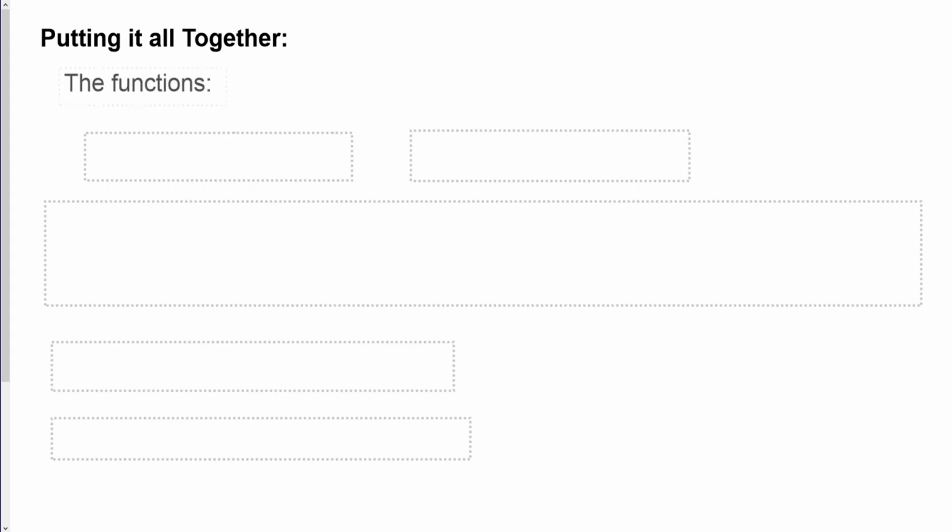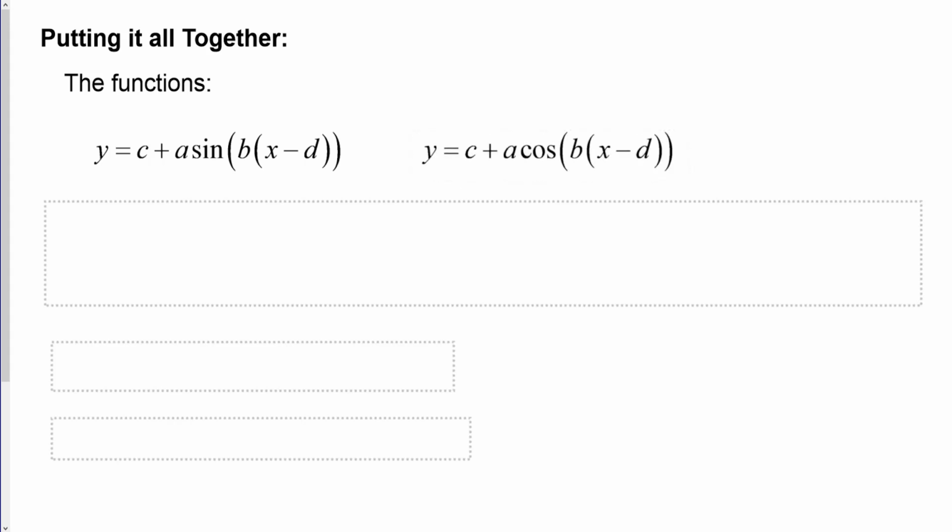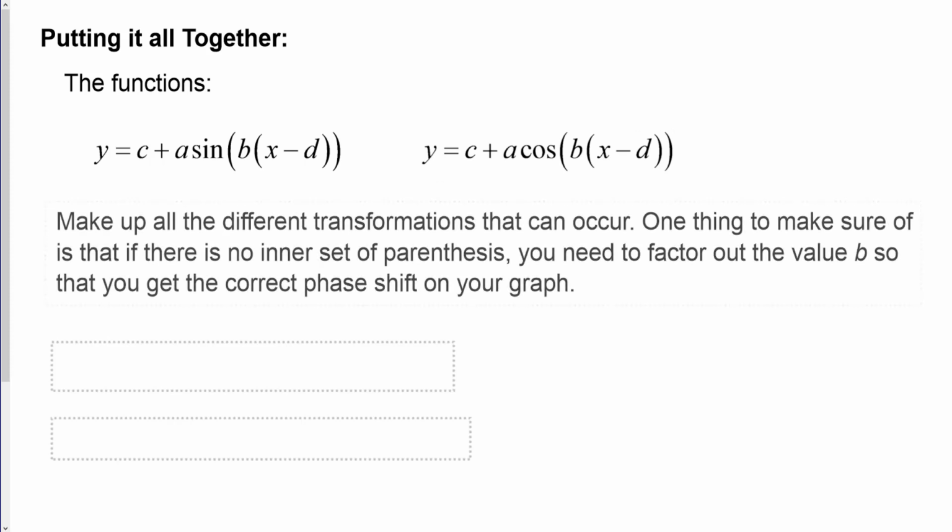Putting it all together, the functions y equals c plus a sine of b times the quantity x minus d, and y equals c plus a cosine of b times the quantity x minus d, make up all the different transformations that can occur. If there is no inner set of parentheses, you need to factor out the value b so that you get the correct phase shift on your graph.